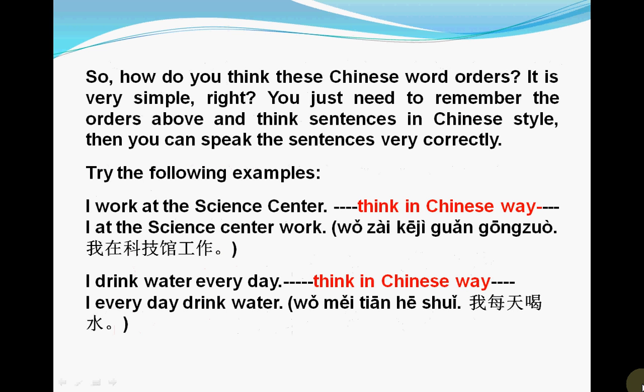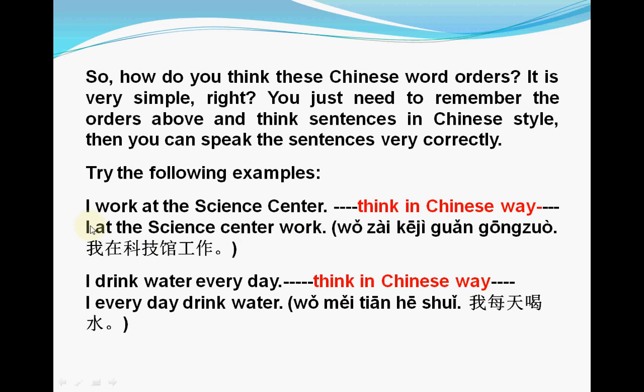Okay? So how do you think of these Chinese word orders? It is very simple, right? You just need to remember the orders above and think in Chinese style. Then you can speak Chinese sentences very correctly. Okay, try the following examples. For example, I work at the science center. If you think in the Chinese way, it should be I at the science center work.